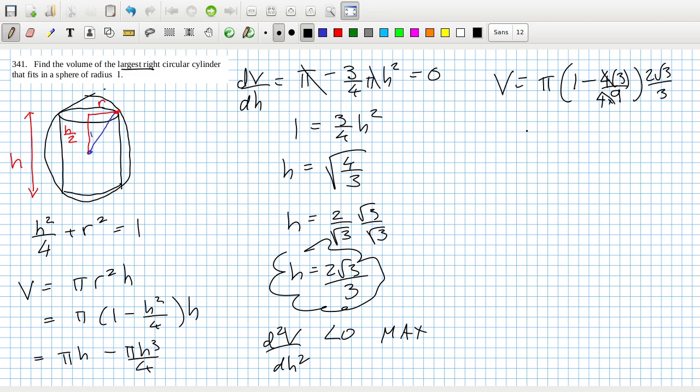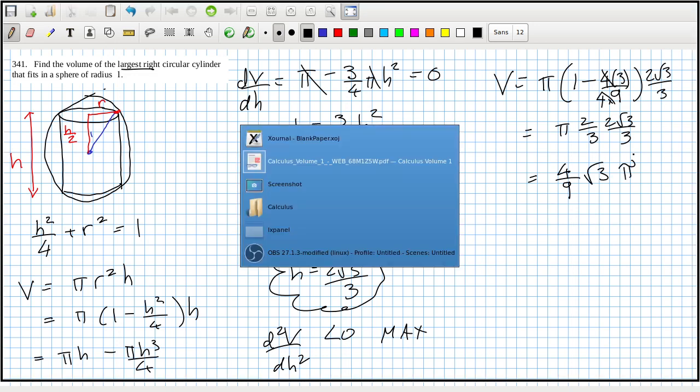So the 4's cancel, so that's 1 minus a third, so that's 2/3. Pi times 2/3 times 2 root 3 over 3. So that would be 4 over 9 root 3 pi.